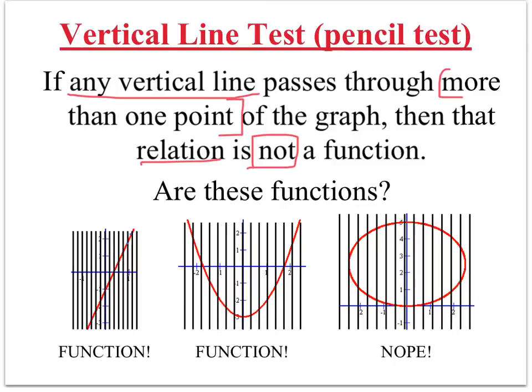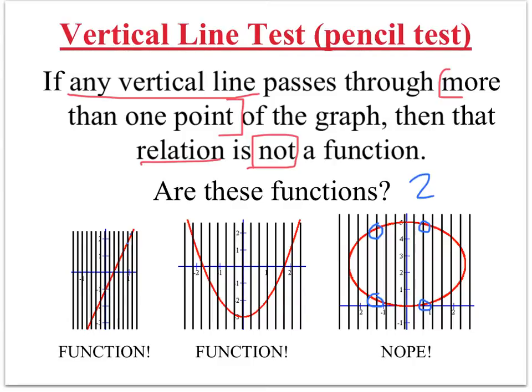Notice that if I draw a vertical line right here, my vertical line hits it up there and intersects with it down here. My other vertical lines hit it up there and then down here.